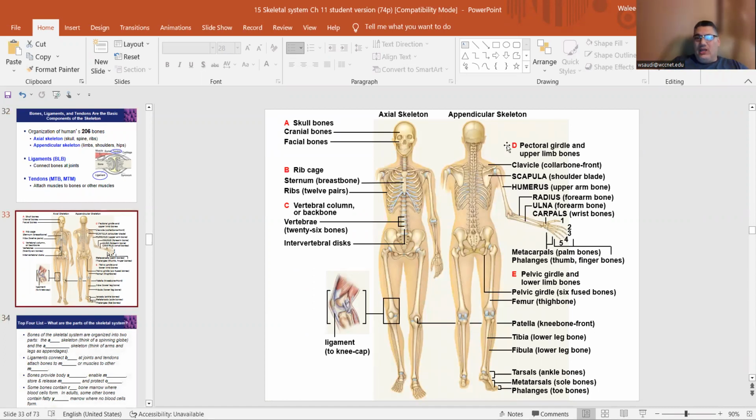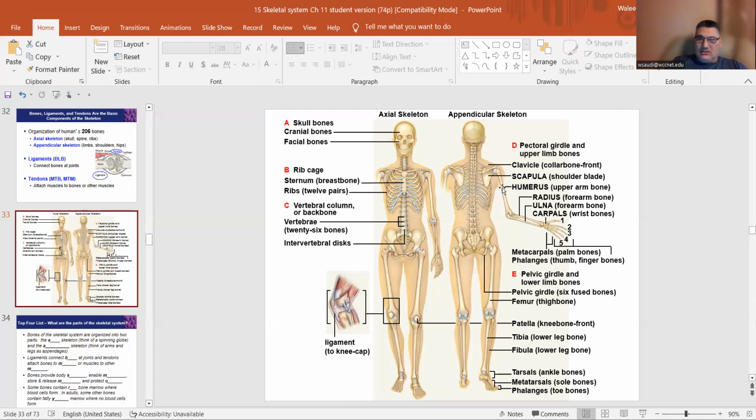Now, we are going to see these, but in this part, you need to know the individual bones, okay? So you will see some pictures because I want you to know like this. This is called the scapula.